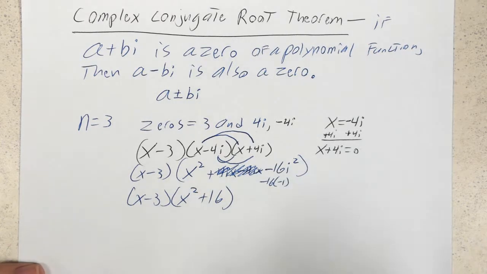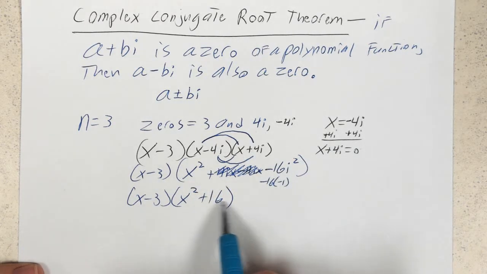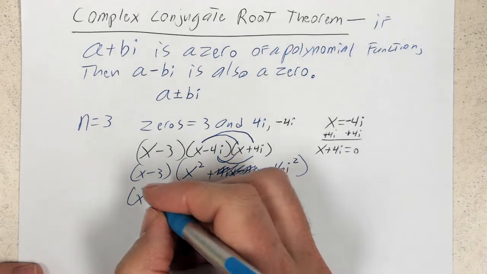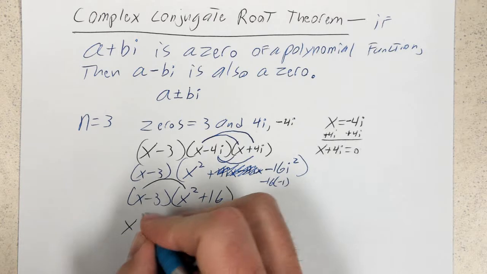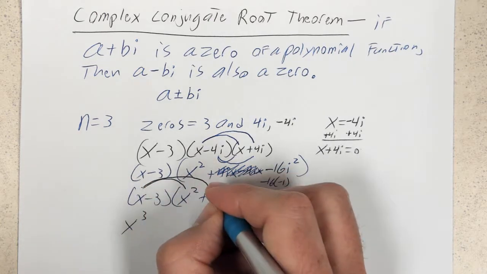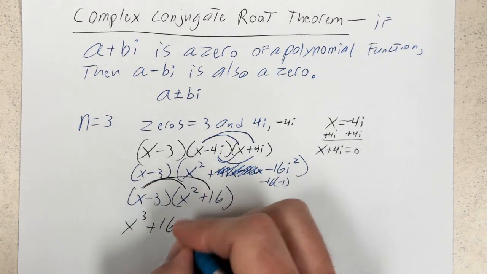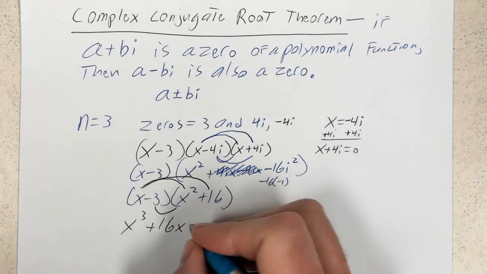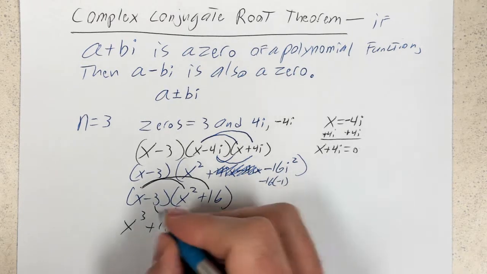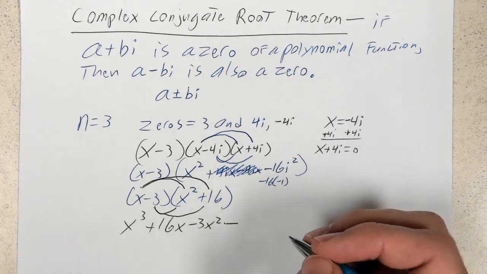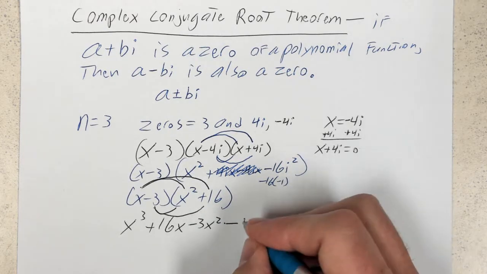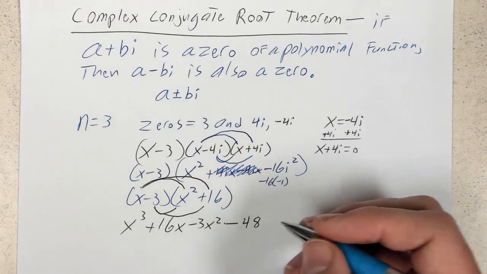Okay, and so this simplifies down to that, and then we're going to multiply, FOIL again. So x times x squared is x to the third, x times 16, 16x, negative 3x squared, and negative 3 times 16 is negative 48.